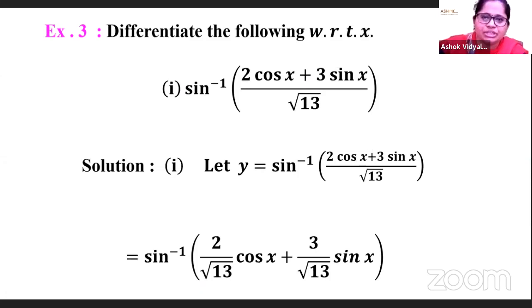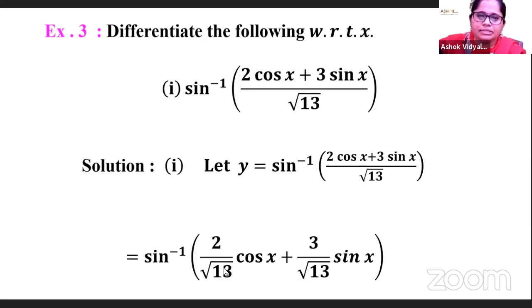Now, the next question is: differentiate the following function with respect to x. Here, the given function is sin⁻¹((2cos x + 3sin x)/√13). Let this function be y = sin⁻¹((2cos x + 3sin x)/√13).